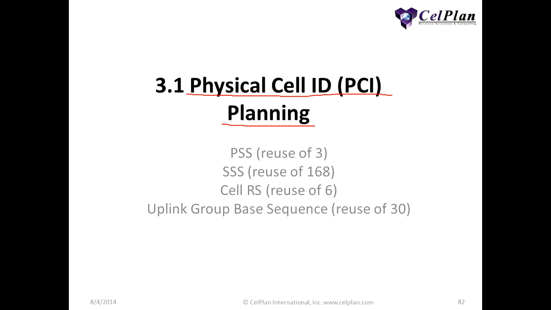SC-FDMA requires contiguous subcarriers, and you lose diversity. So one of the drawbacks of LTE when compared to WiMAX, I think, is the fact that they don't have the subcarrier permutation. And with this, they lost a lot of diversity. And lately, 3GPP is trying to compensate for this.